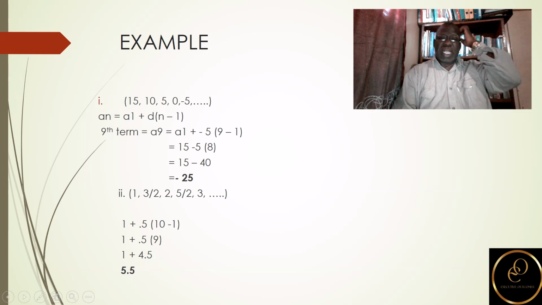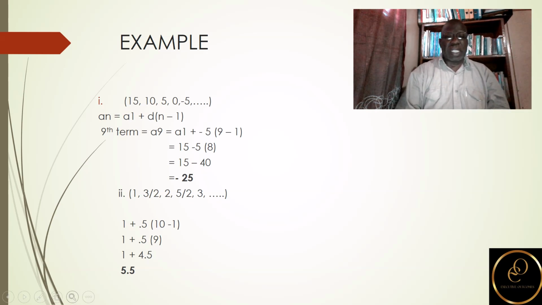If we look at the next example, which has a series of 1, then 3 over 2, then 2, then 5 over 2, then 3, etc. Again, if we want to know the 10th term in this series, we look at the formula again.